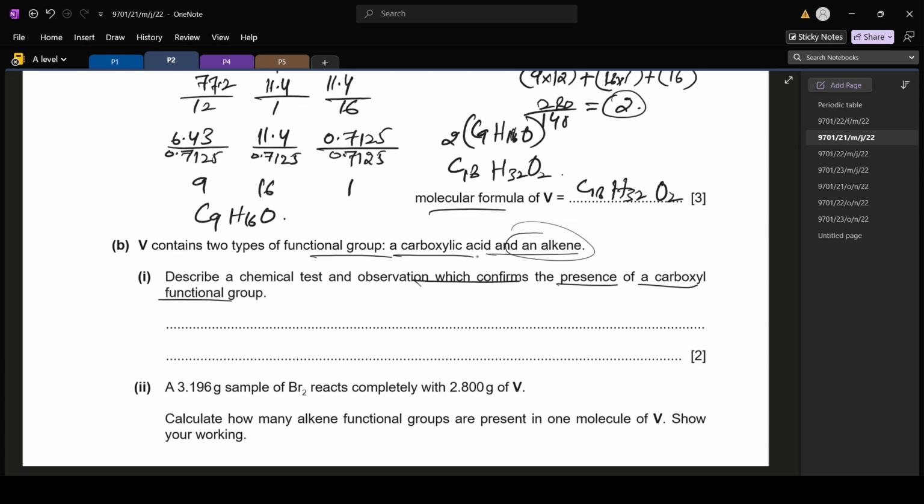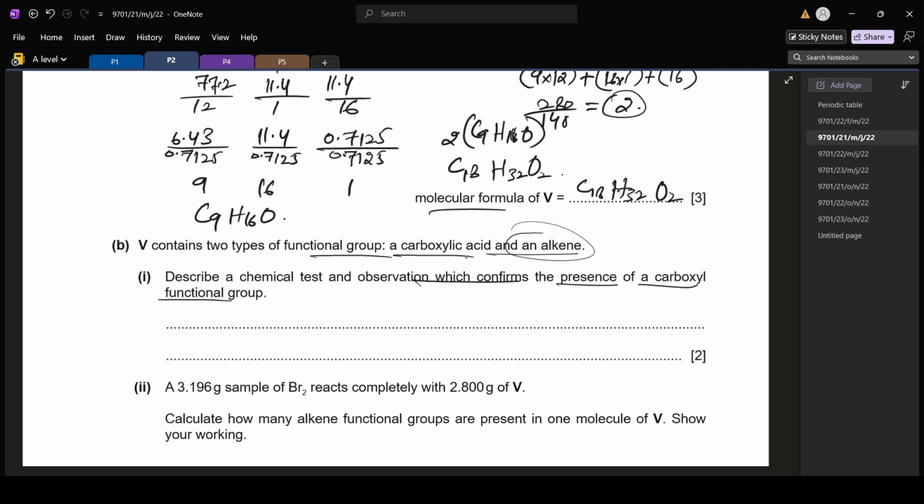The observation is that when the carbon dioxide is added to lime water, the lime water turns milky. So this is the observation.